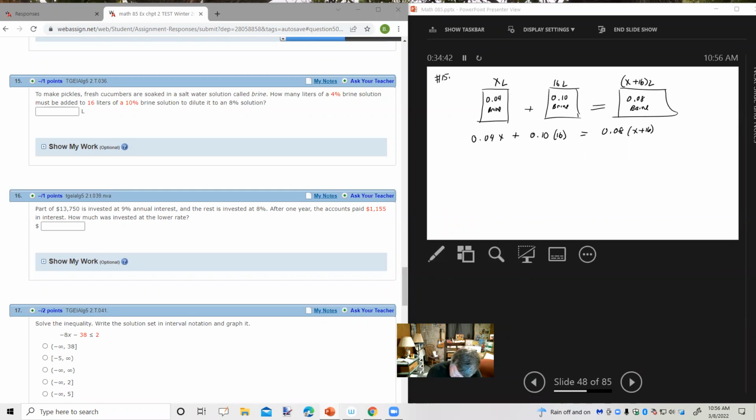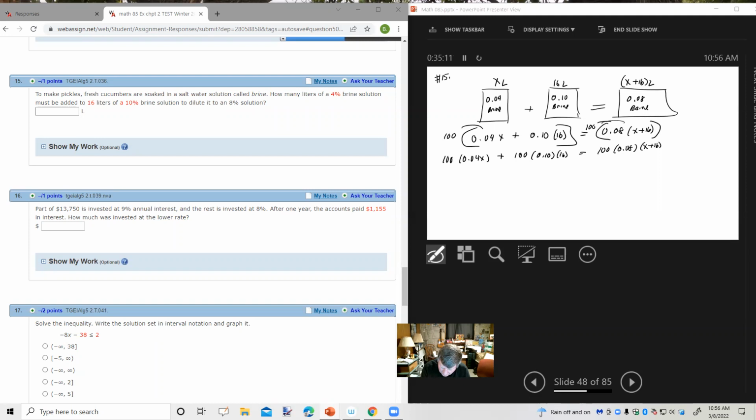If I want to get rid of the decimals, I'll multiply both sides by 100. I'll get 100 times 0.04x plus 100 times 0.10 times 16 equals 100 times 0.08 times (x plus 16).